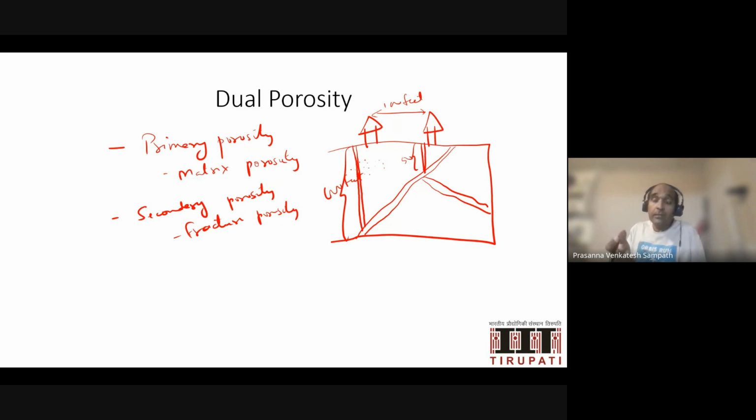So the practical significance is the uncertainty, because this whole thing, I've now drawn a cross section where I've made it visible, but in reality it's not visible. You just look at the land surface, you don't know where the fracture is. So you will hear these stories of one neighbor saying, I hit water at such and such a depth, my neighbor hit water much deeper, and so on.